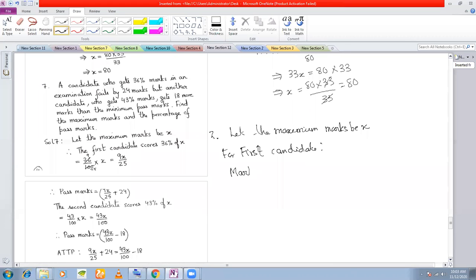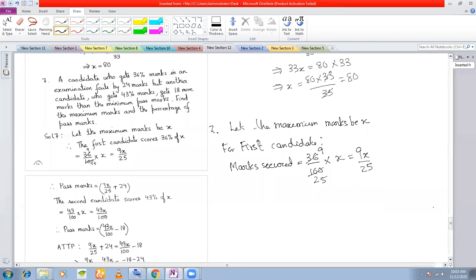Marks secured. How much he got? 36% of the total marks, right? So that means this comes to, if you cancel with 4, you get 9x by 25. So he gets this much marks, 9x by 25.